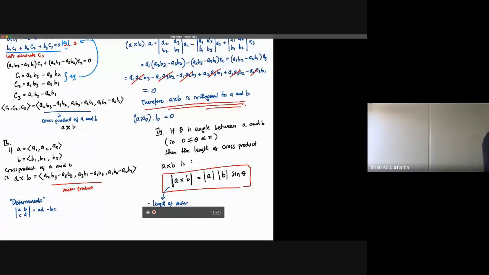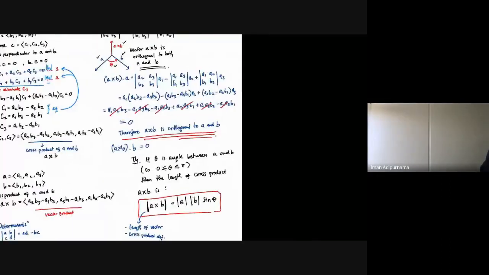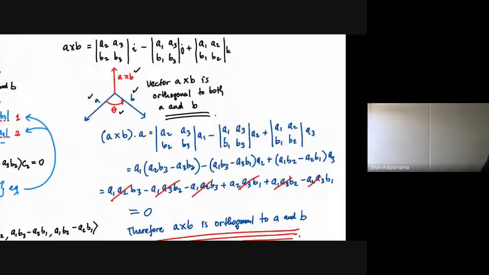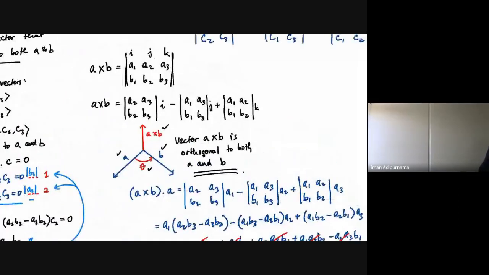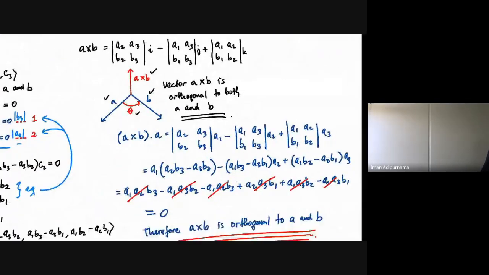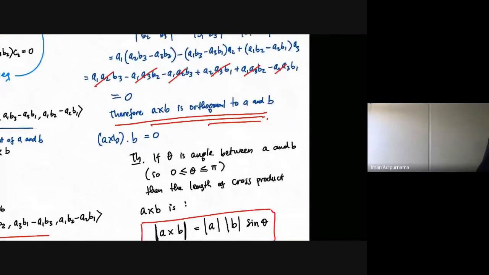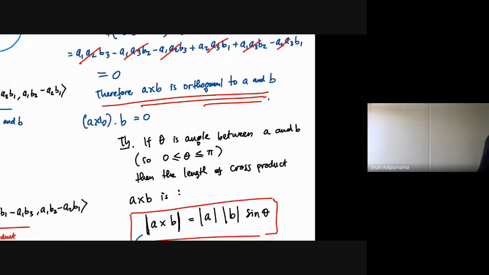Maybe we can start a little bit and see what we have done from the cross product here. We already did and proved some parts for how to confirm whether the cross product is orthogonal to both vectors.